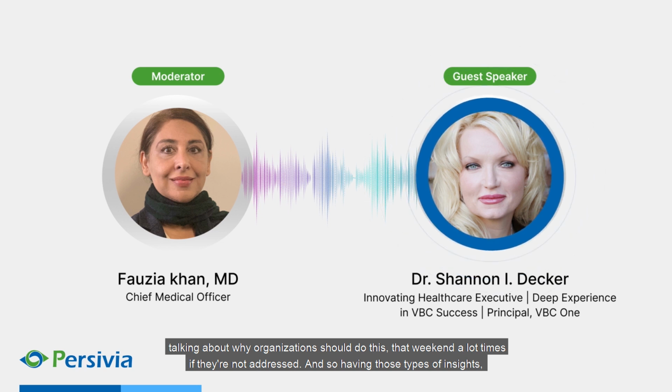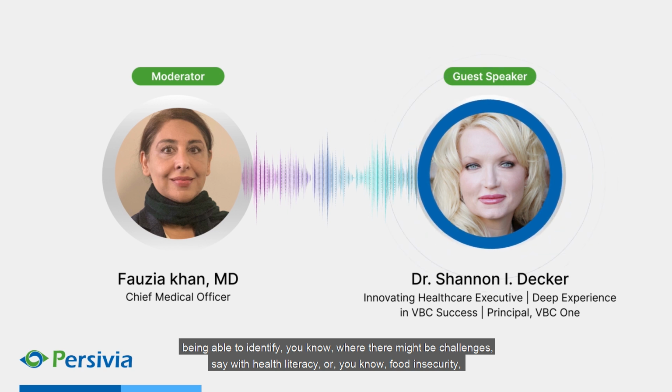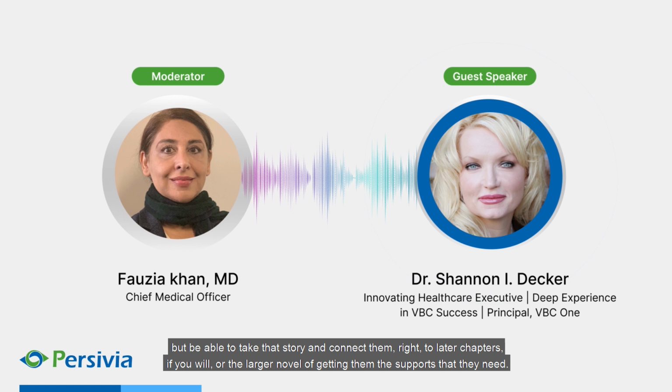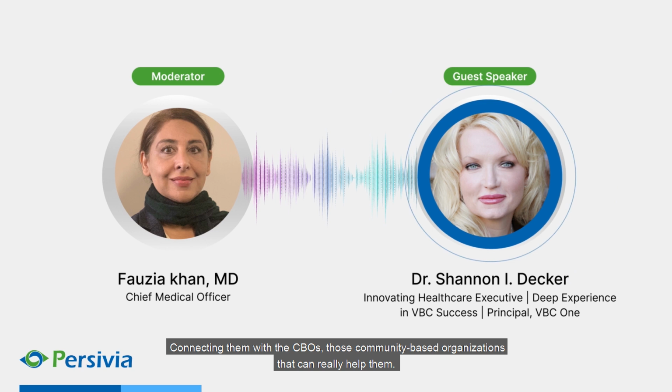And so having those types of insights, being able to identify where there might be challenges, say with health literacy or food insecurity, being able to identify those patients and use that information to not only understand that story, but take that story and connect them to later chapters, if you will, or the larger novel of getting them the supports that they need, connecting them with the CBOs, those community-based organizations that can really help them.